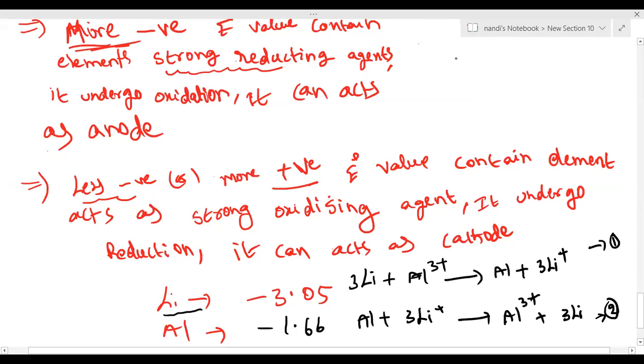Rahul, what's your answer, sir? You can see here the reducing agent definition, I gave very clearly this point. What is the reducing agent, sir? Which can lose electrons, that can act as reducing agent. Which can lose electrons readily here? Lithium, because more negative value it can lose. First point we can read, sir. So first reaction is feasible.